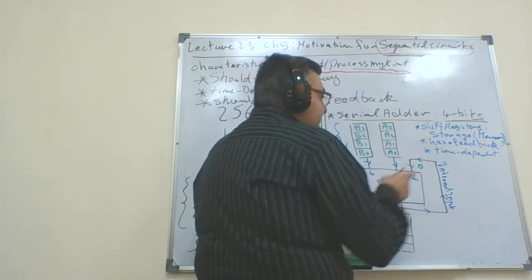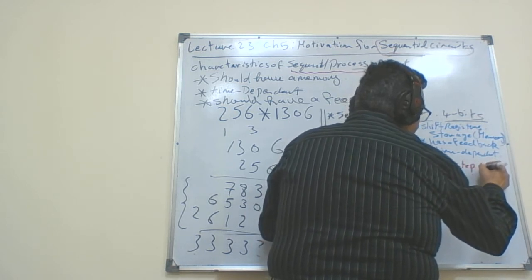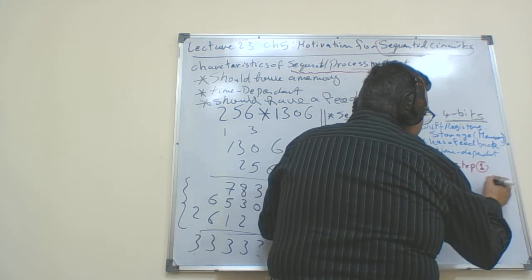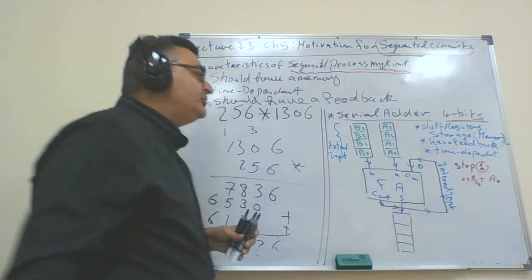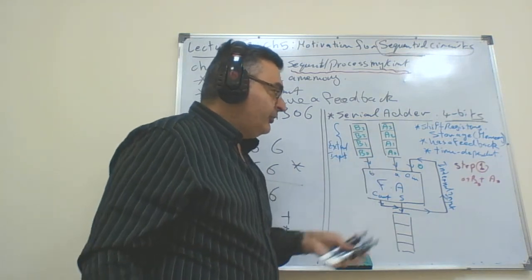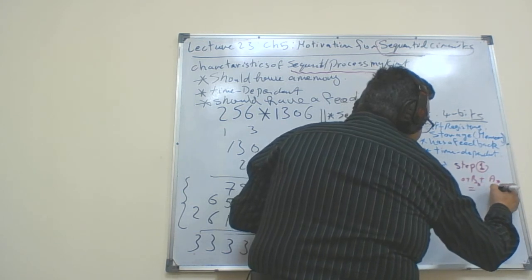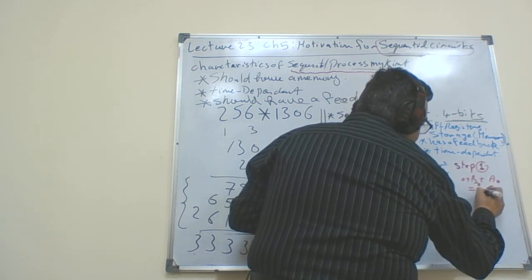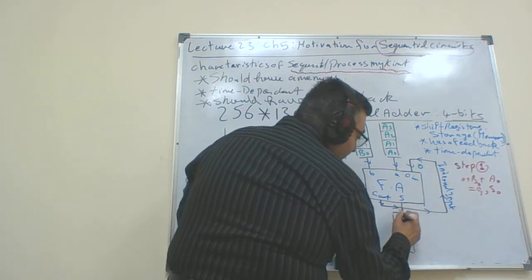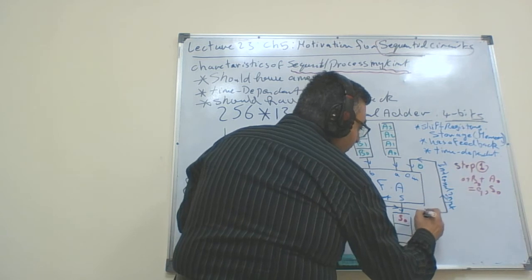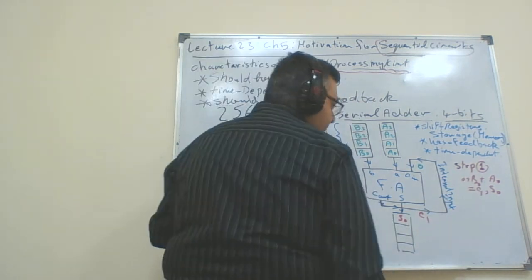So in step number 1, A0 will be added to B0 to 0. This will give me S0 and C1, from the definition of the addition from chapter 2. So I get S0 and I get C1 in step number 1.